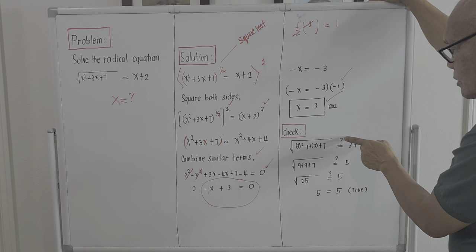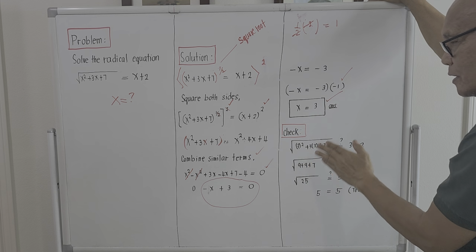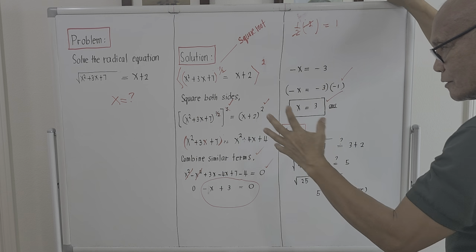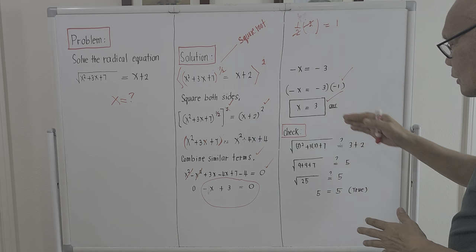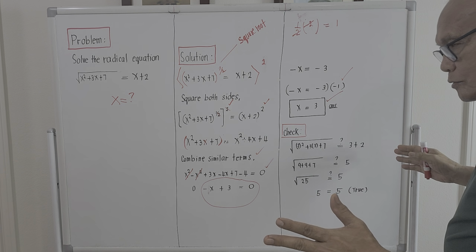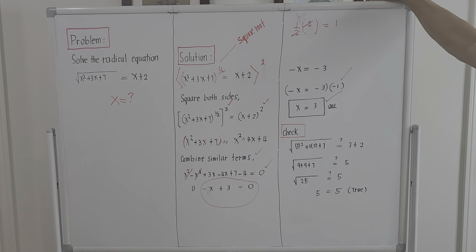There is a question mark over here. We are asking ourselves if the value of the left and right are the same. So if it comes out to be the same, our answer will be correct. So to verify it, we simplify.